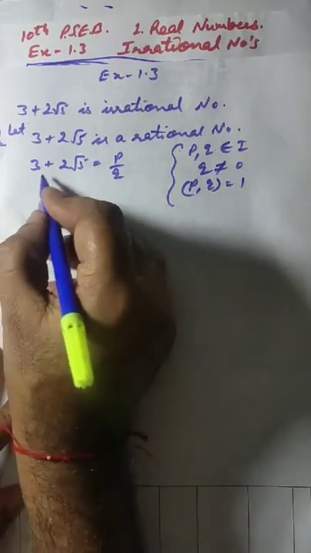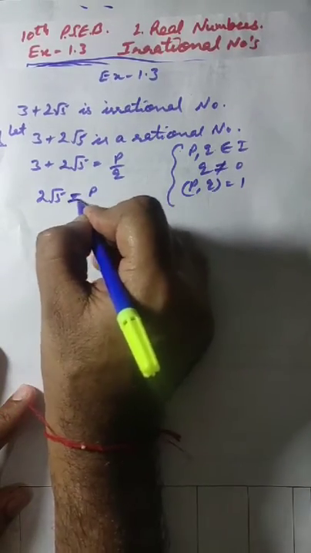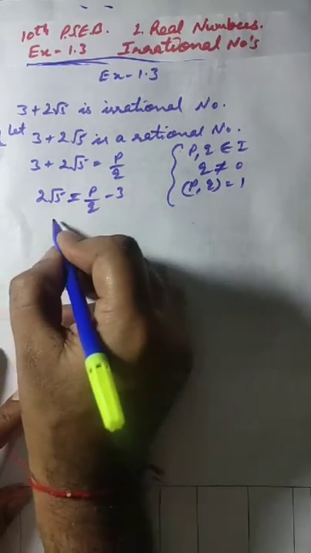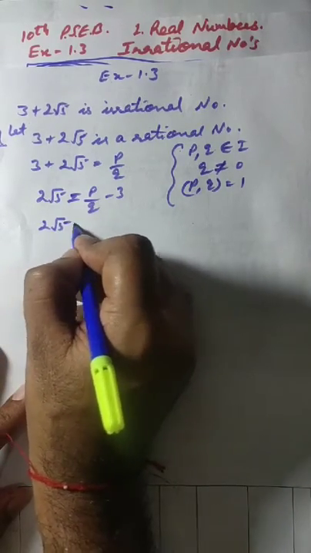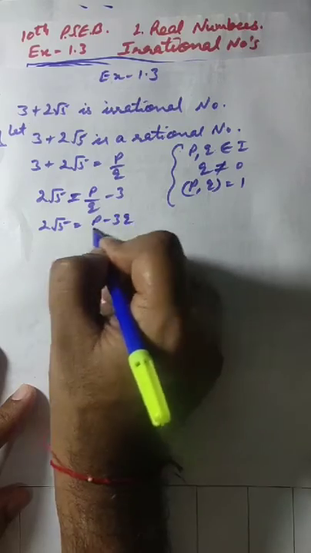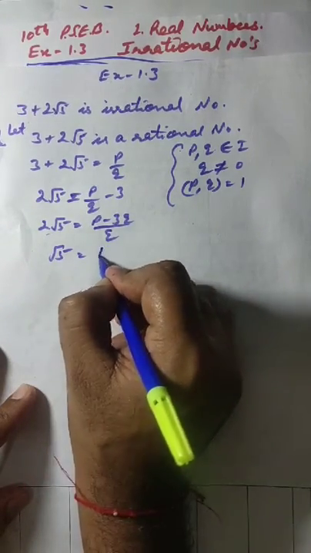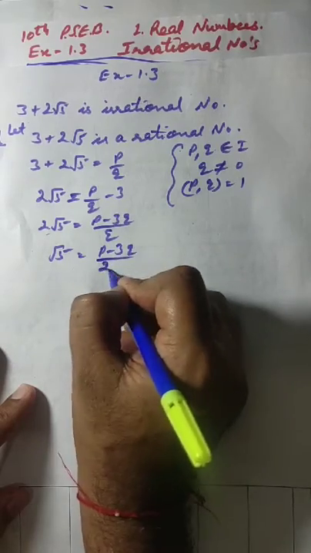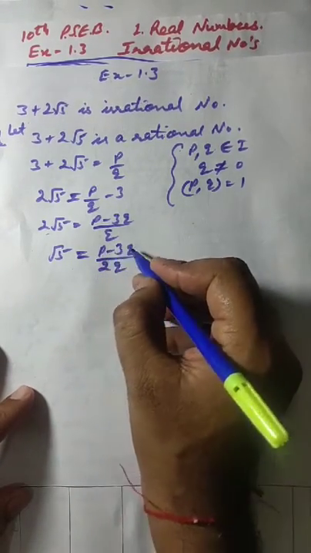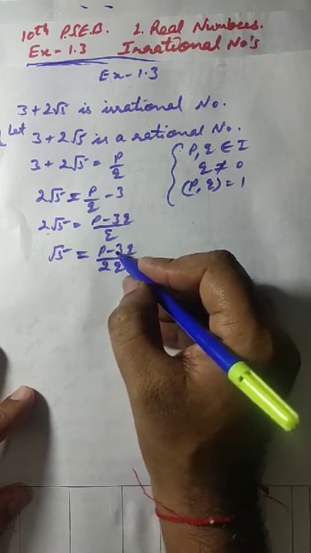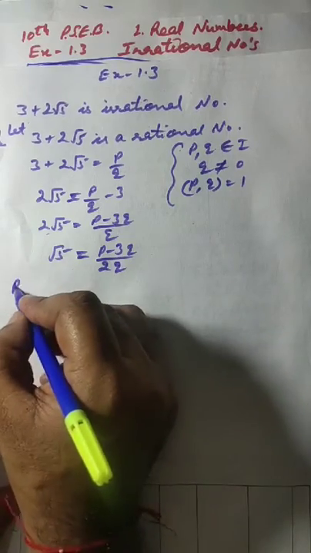So we'll shift this, 2 root 5 will become p upon q minus 3, 2 root 5 is equal to p minus 3q by q, and root 5 is equal to p minus 3q divided by 2q. As p and q are integers, this becomes a rational number.